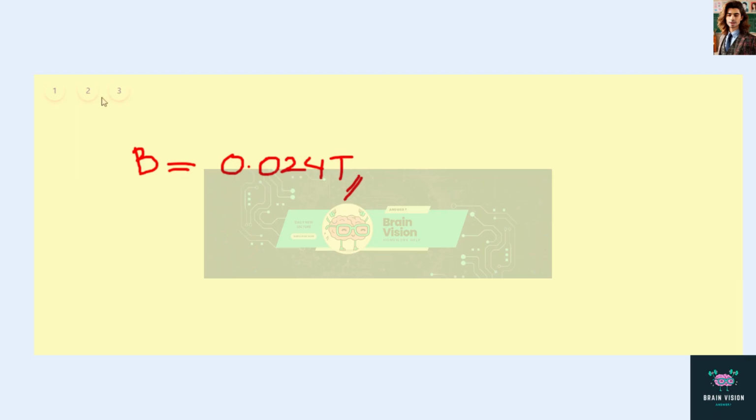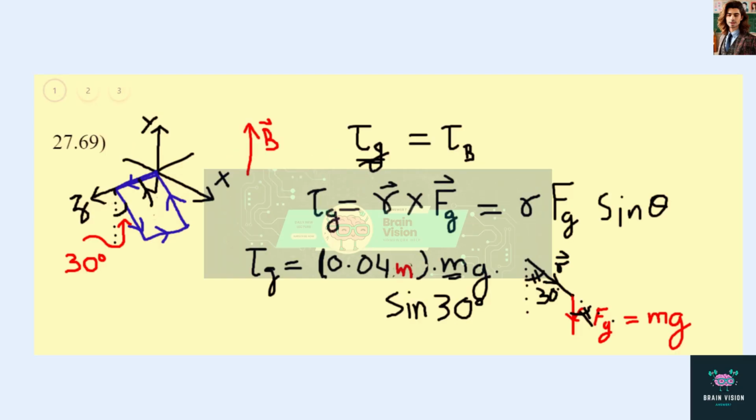That's the magnetic field at which the torque due to gravity is balanced by the torque due to the magnetic field, and the loop stays at 30 degrees. That's all.